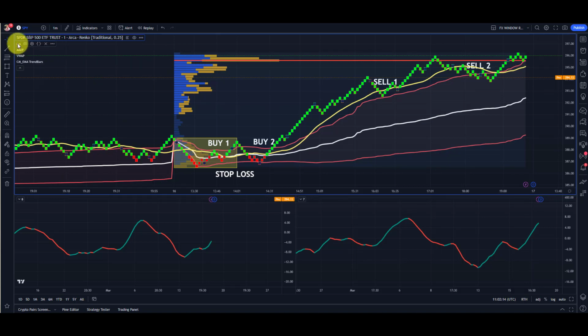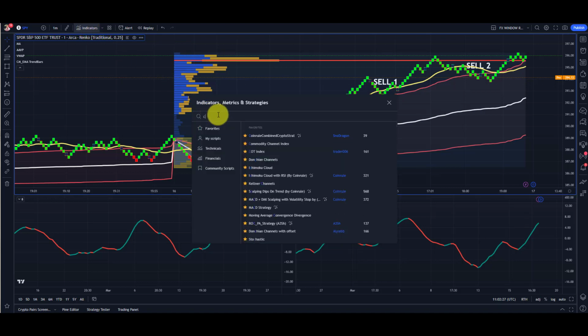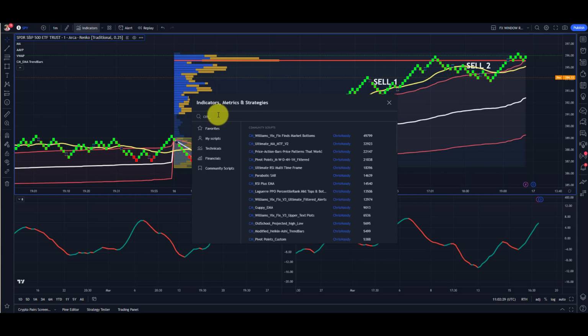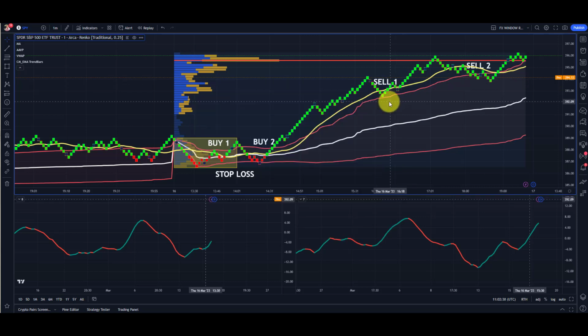We need an indicator, and it's called CM_EMA trend bars. There you go, CM_EMA trend bars. You can find that by hitting the indicators tab. If you type CM underscore, go through that EMA, and you'll find it in the list.